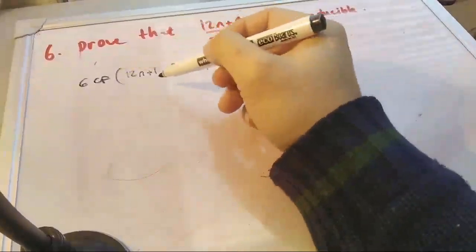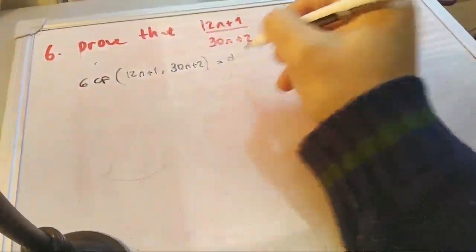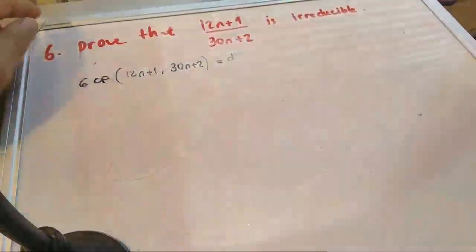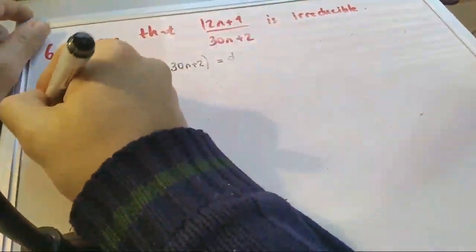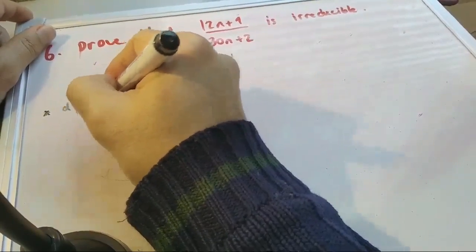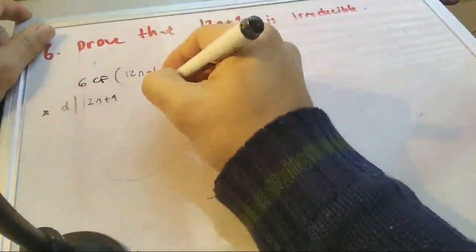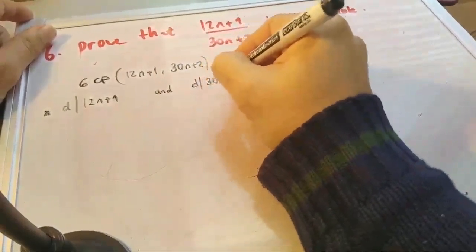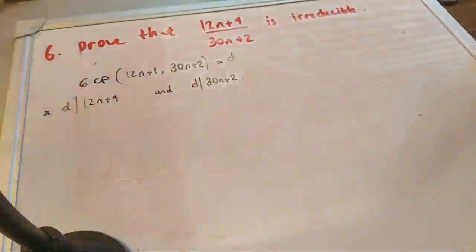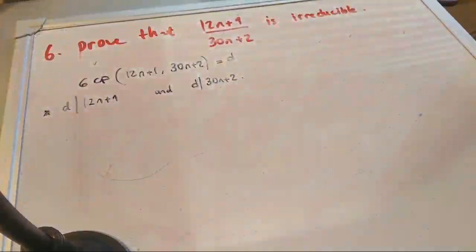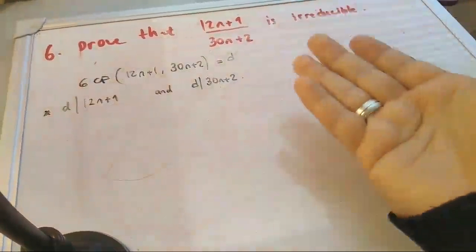So let's say the greatest common factor of these numbers is d. We say that d divides both 12n plus 1 and 30n plus 2, because greatest common factor. Remember that.